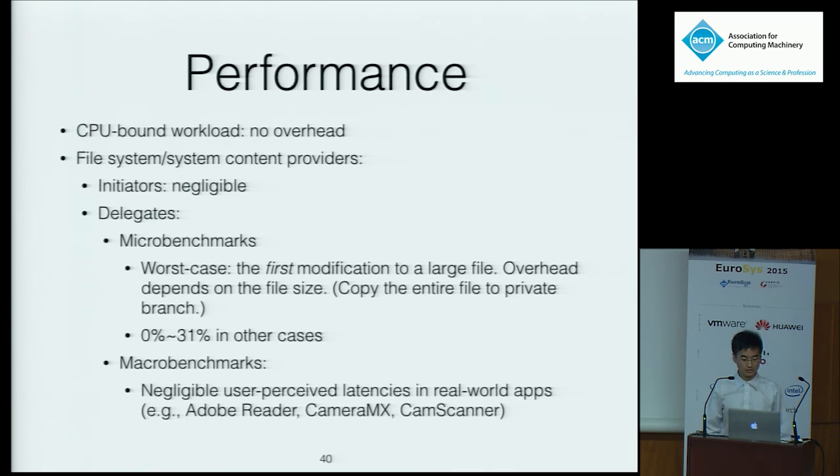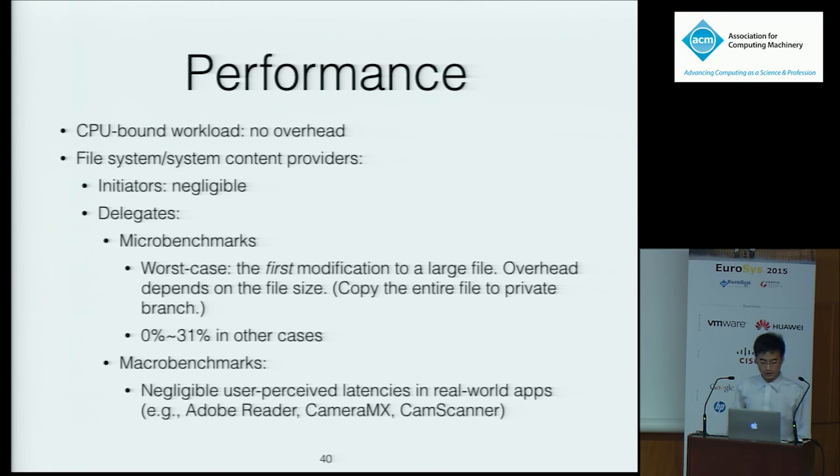And finally, let's briefly talk about the performance of Maxoid. Maxoid has no overhead for CPU-bound workloads. For file system and system content providers, it has negligible overhead for initiators. For the delegates, the worst-case scenario is when a delegate makes the first write operation to a large existing file.